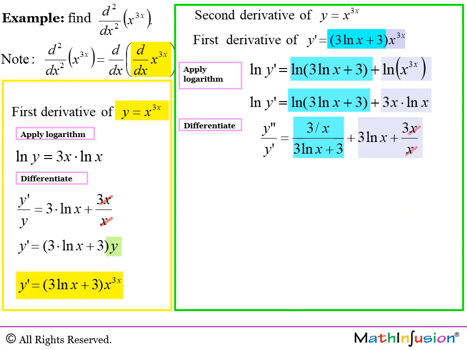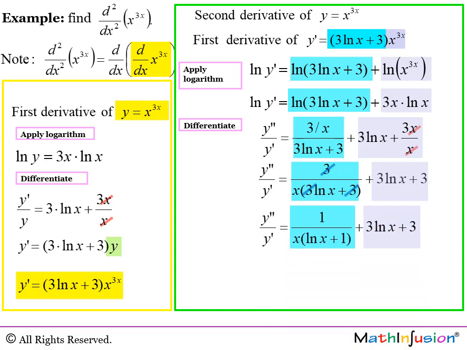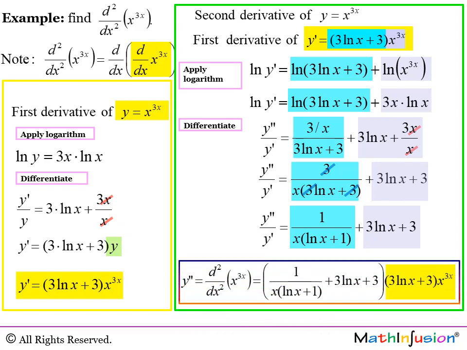You can do that. And we can also cancel this 3 here. Now we have to find y double prime. To get y double prime, I have to multiply everything by y prime. So I do that, and don't forget y prime is 3 ln of x plus 3 times x to the power of 3x.